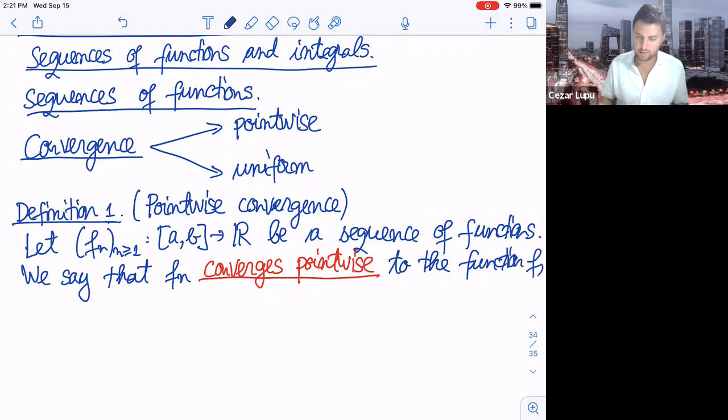And we'll denote this in this way. So we write this: f_n converges to f as n approaches infinity, right?